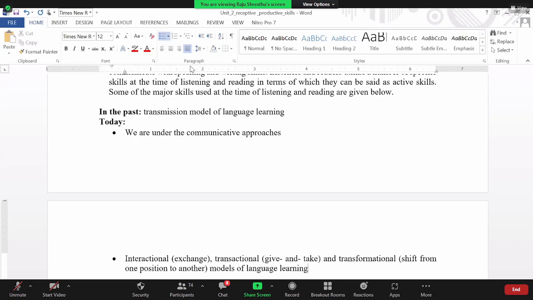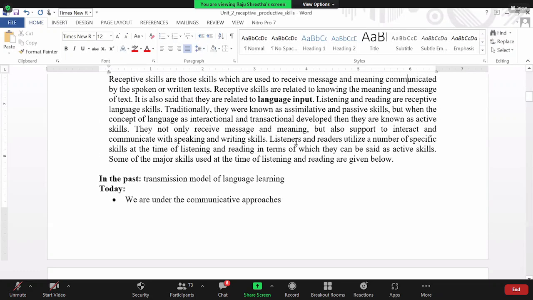So these are new concepts in the teaching and learning process. These models, these approaches have recognized that listening and reading are not passive skills, they are active skills. When we listen, immediately we think of the response. When we read, immediately we think of the answers to the questions. We read, we try to give answers.